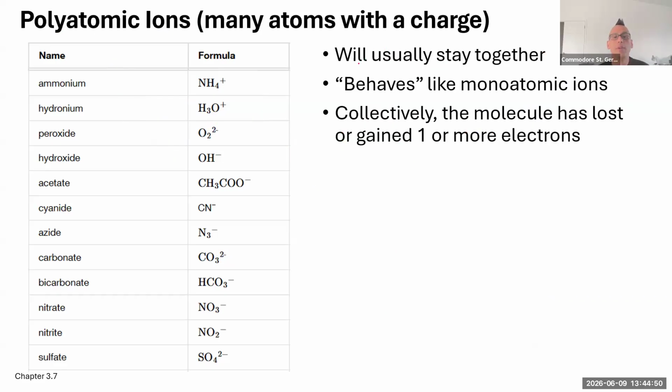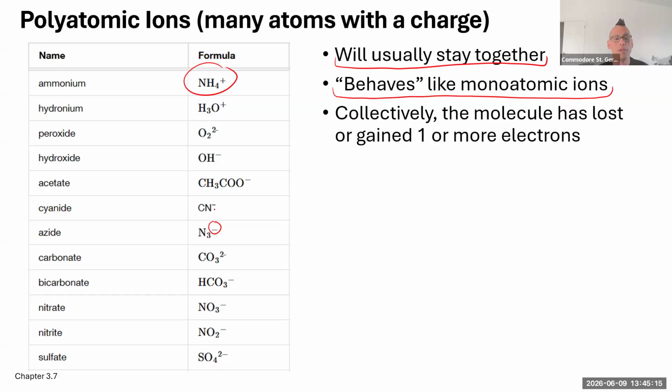So polyatomic ions will usually stay together, right? These don't blow apart, and they behave like monoatomic ions, meaning a positive is a positive no matter what. A negative is a negative no matter what, right? And collectively, the molecule has lost or gained one or more electrons, just like we saw earlier.